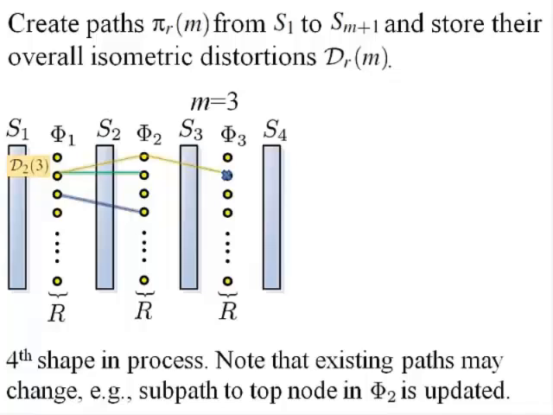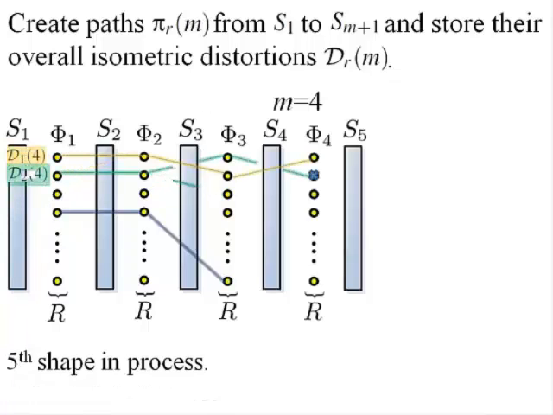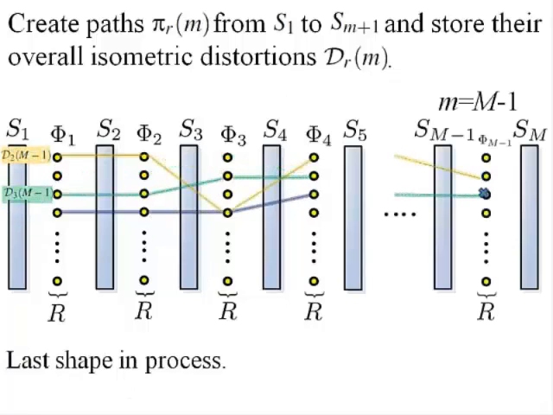So this is the beauty of dynamic programming. As you know, you look at the problem from a global point of view, and you can change your decisions along the way, unlike a greedy algorithm where you get stuck with the same decision at all times. So anyway, we have R newcomers and R new paths like this, and again for these R newcomers, I have R new paths with their new distortions, and for the final one, I again have R newcomers, and I have R new paths ending at these newcomers.